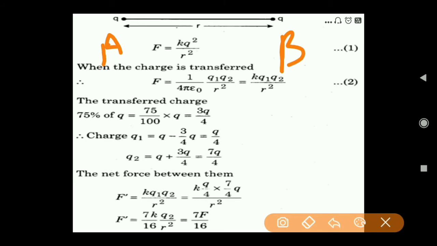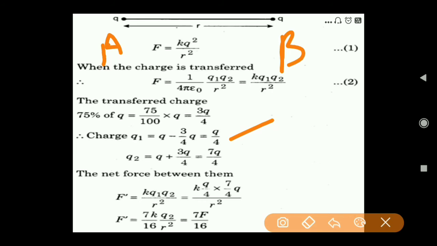So the new charge, which I am calling Q1, is 25% or 1 by 4 Q. Simple, you can find it by the percentage. If 75% is transferred, only 25% remains, that means 1 by 4 of the amount of the charge, which is Q by 4.